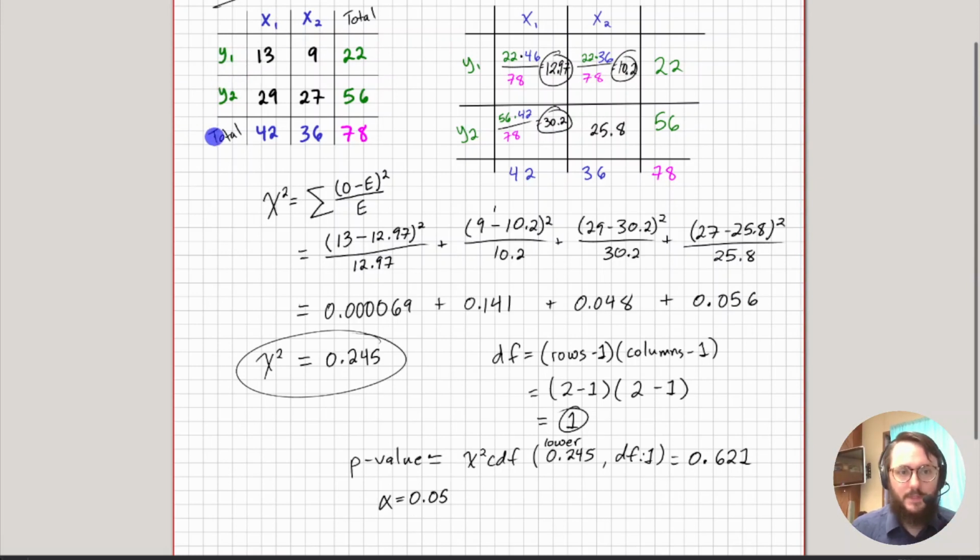Something like that. We do not have convincing evidence that living in the region is not independent of being a valedictorian, for instance. It's a little difficult to word it sometimes, but that's okay.